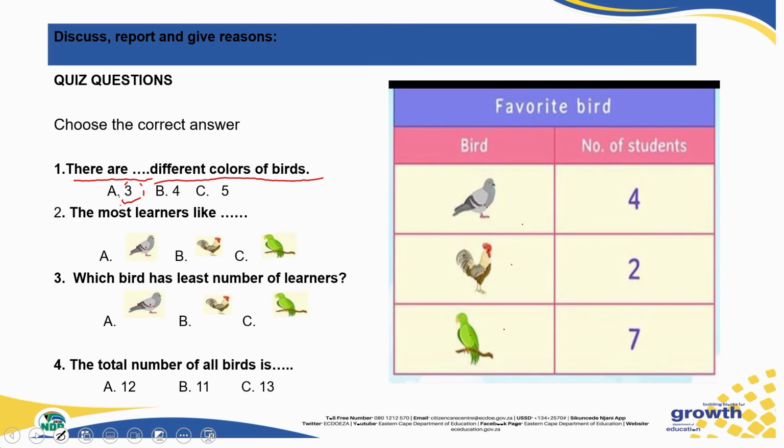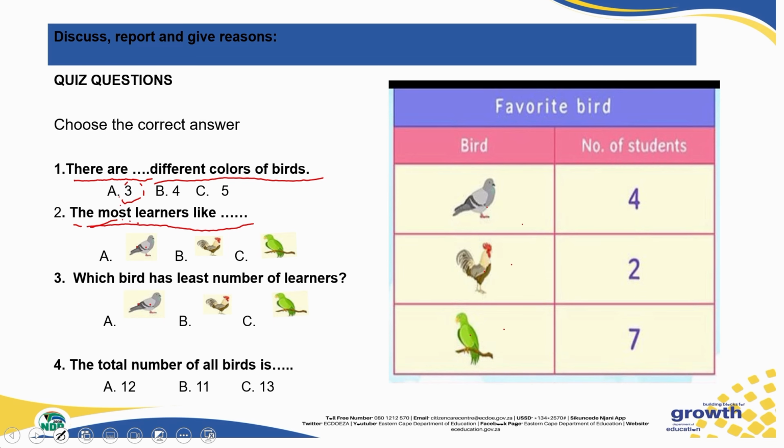Here is our next question, grade ones. The most learners like, remember, we have compared the number of these students. We said pigeons, 4 students like pigeons, 2 students like roosters, 7 students like parrots. Here is my question.